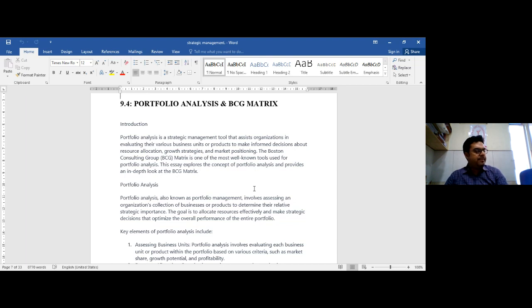I'll just do a brief introduction as we did in the last session, and continue basically with the BCG matrix. Now, what is exactly portfolio analysis? You can see in this particular concept how portfolio analysis assists organizations in evaluating their business units or products to make informed decisions. Now, these decisions concern certain very basic aspects.